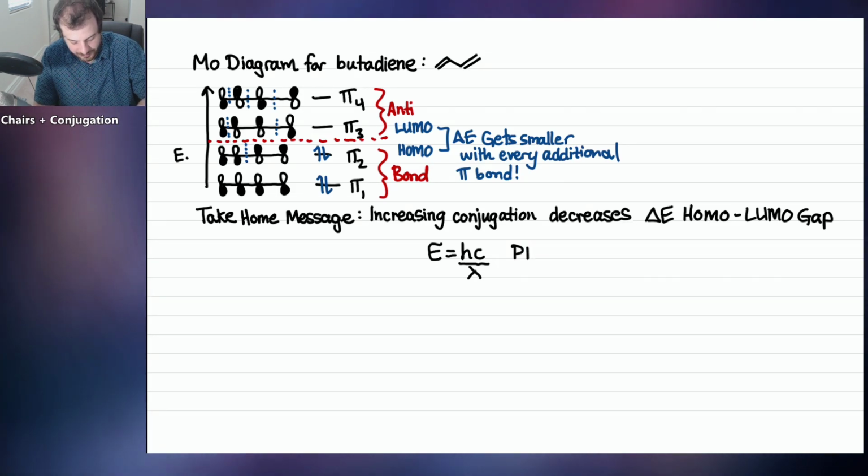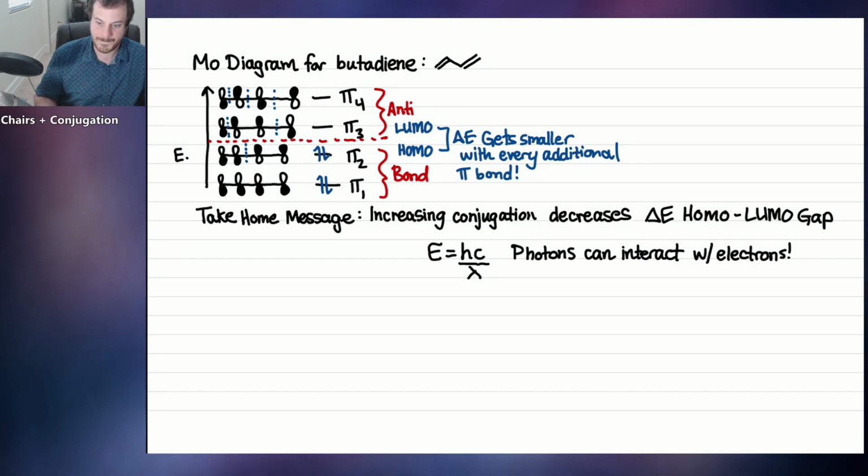So it turns out that photons can interact with electrons. Let's draw a little picture to represent what could happen. Let's zoom in on the HOMO-LUMO pair of some molecule.